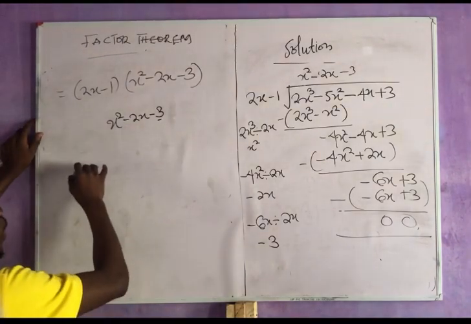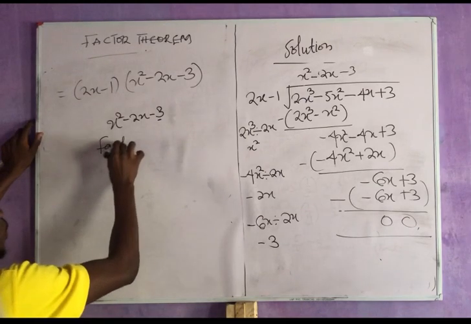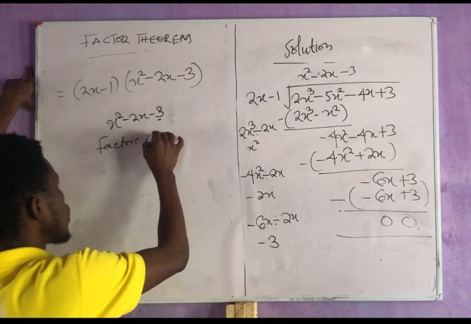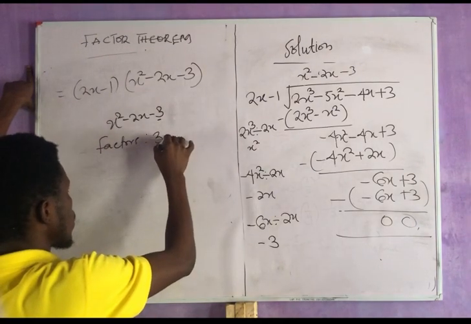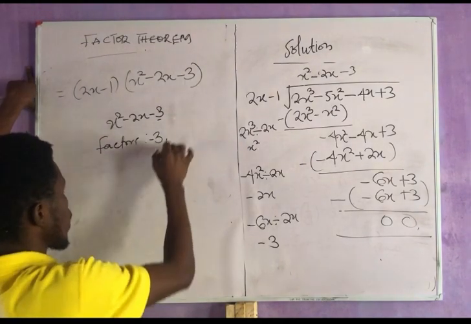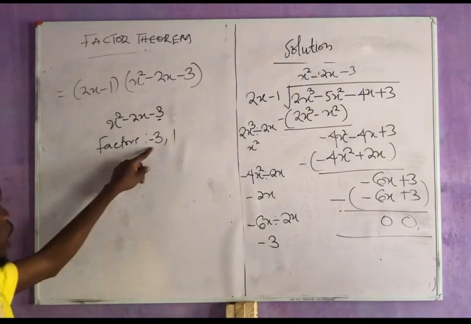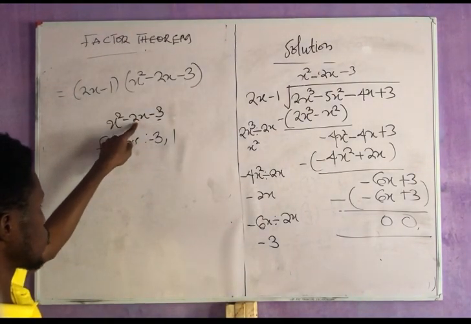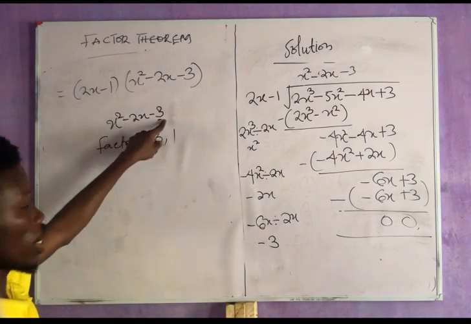And such factors will be negative 3 and 1. Because negative 3 plus 1 will give you negative 2, and negative 3 times 1 will give you negative 3.